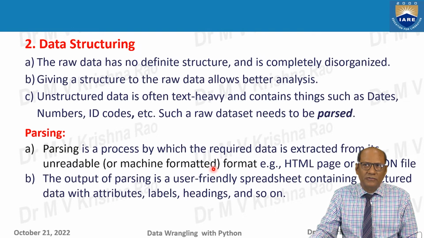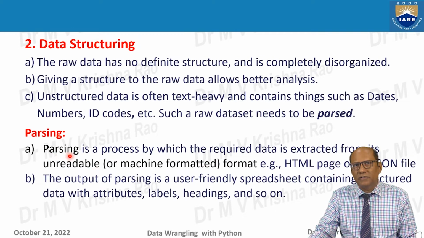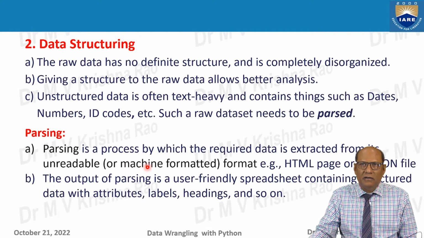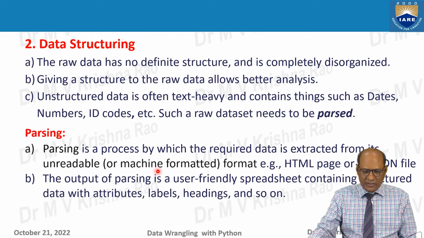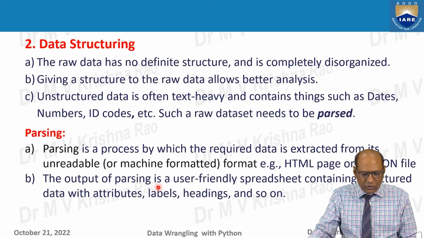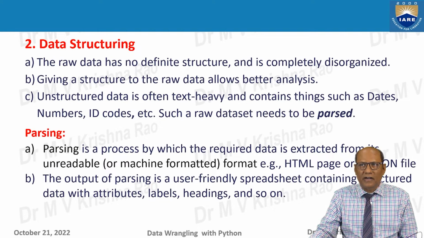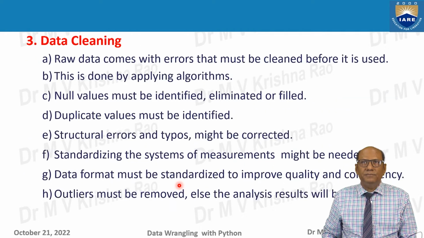From this I have to parse. So these are machine generated, and I have to parse the actual information here. So parsing is basically applicable to the machine formatted raw data. Now the output of parsing is a user-friendly spreadsheet containing structured data with attributes, labels, headings, and so on. Ultimately, we are trying to convert this raw, machine readable data into a beautiful spreadsheet.